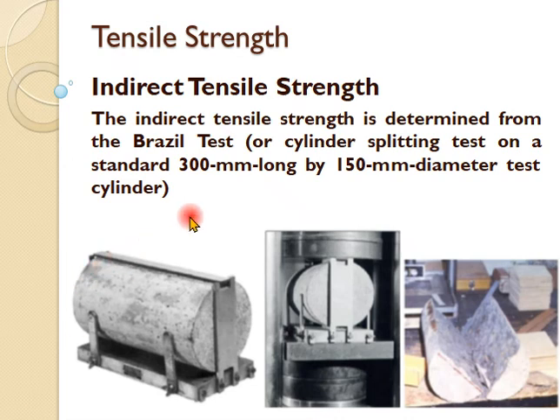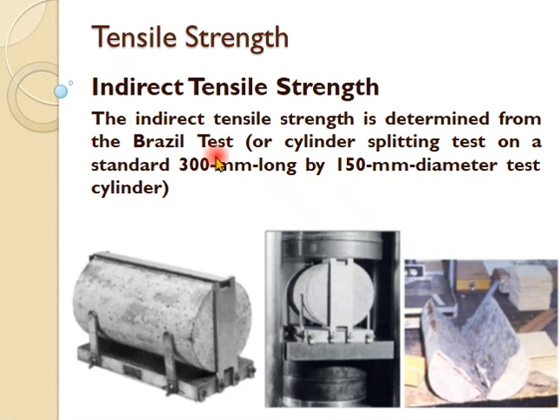The indirect tensile strength can also be called the Brazilian test or cylinder splitting test, and you can find this type of test in different testing codes. For example, the ASTM code, the BS, the British code, or the Australian code, and all of them have nearly the same test procedure.